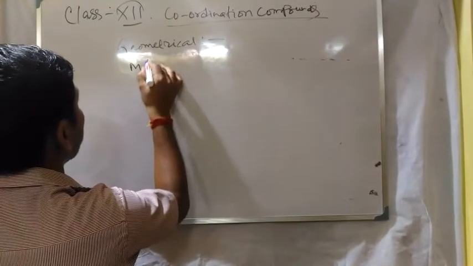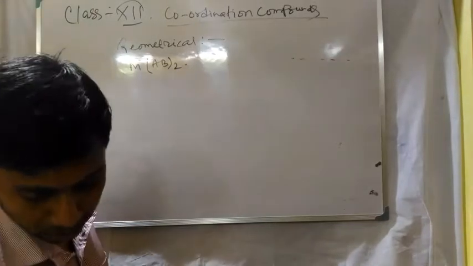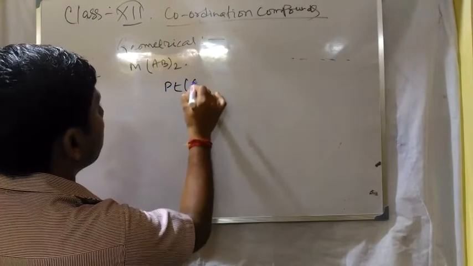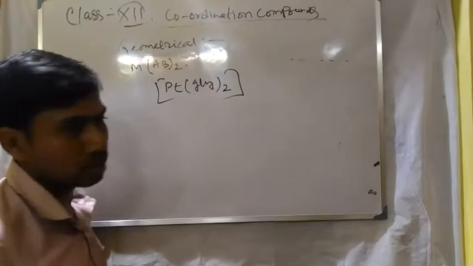Right? Next type of compound is M(AB) whole twice. So here AB is a bidentate ligand. Examples of this is platinum glycine whole twice.